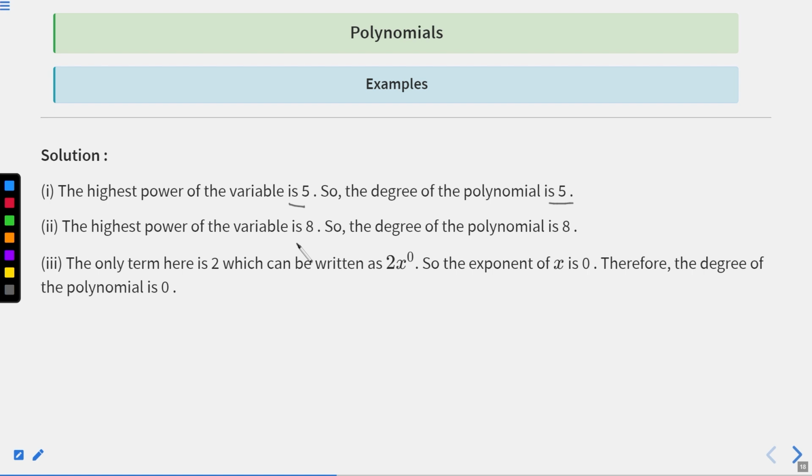The third polynomial is actually a constant term 2, which can be written as 2 times x to the power 0. So the exponent of x is 0, therefore the degree of the polynomial is 0.